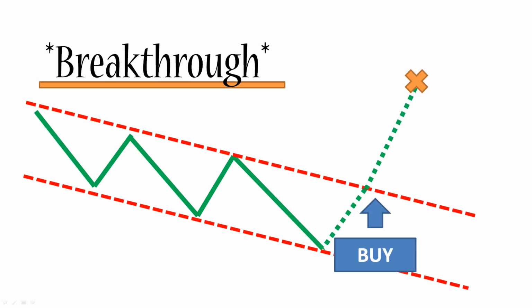So when a channel is quite new, there's more chance that the price will stay inside. When the channel has been around for a while, the chances of the price breaking out are constantly growing. Both strategies are valid. It depends on the situation and what your other technical analysis tells you.